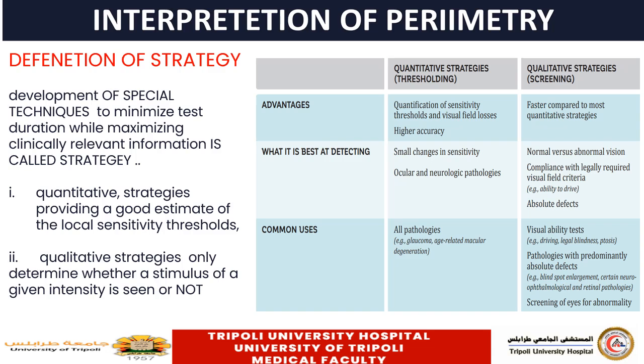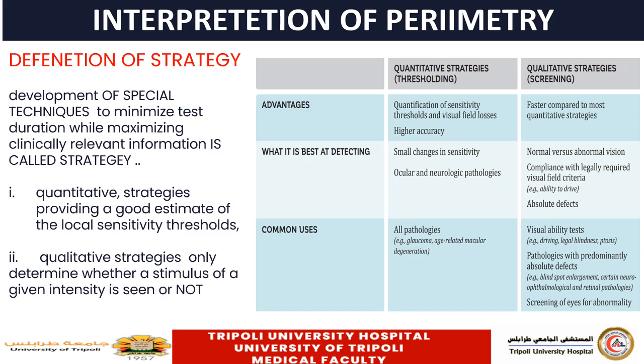The strategy can be a quantitative strategy or a qualitative strategy. Quantitative strategy, that's the thresholding technique, which is the best method to exactly determine the threshold sensitivity of that point of the retina. However, the qualitative strategy is not as precise as the quantitative strategy, that's the thresholding, but it gives you quick screening information about the shape of the visual field, and it mainly examines the absolute areas of defect, and it is very fast.